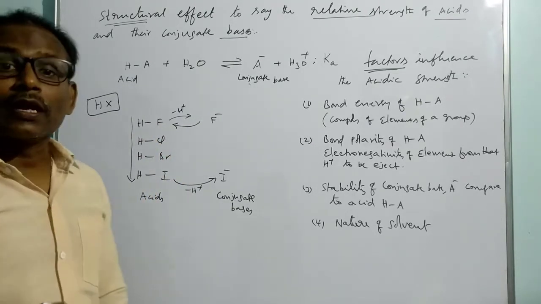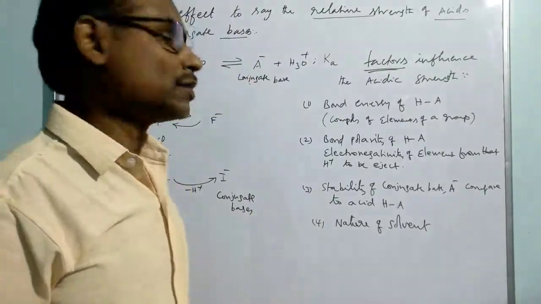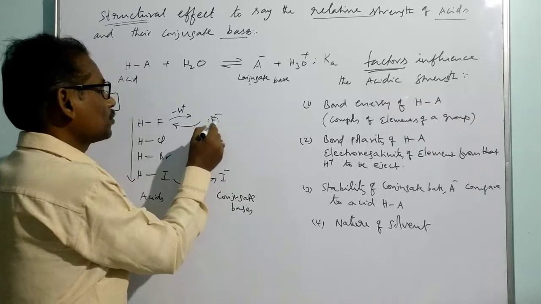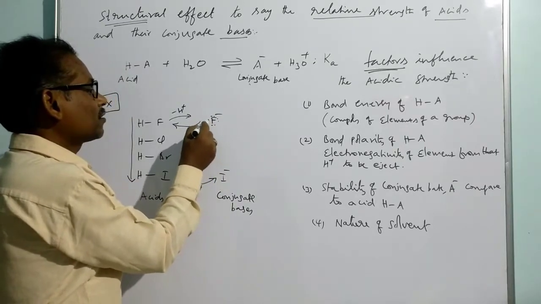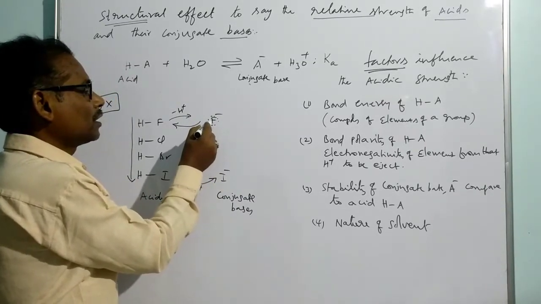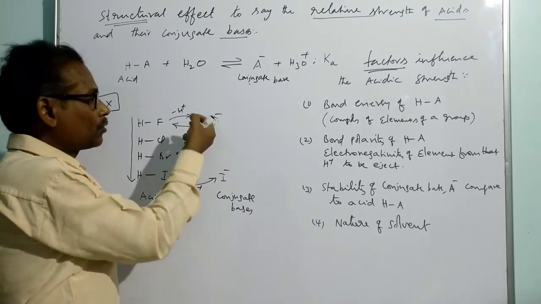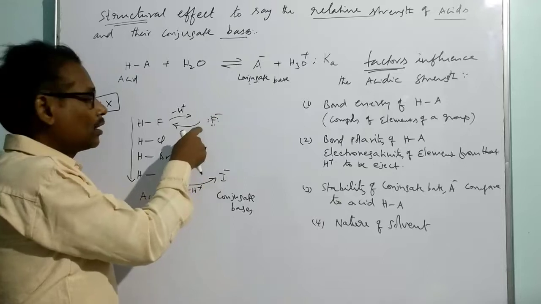If you look here, it has a small size, so there is high electron density over that small portion, which gives a strong preference to gain the proton and get back to HF.